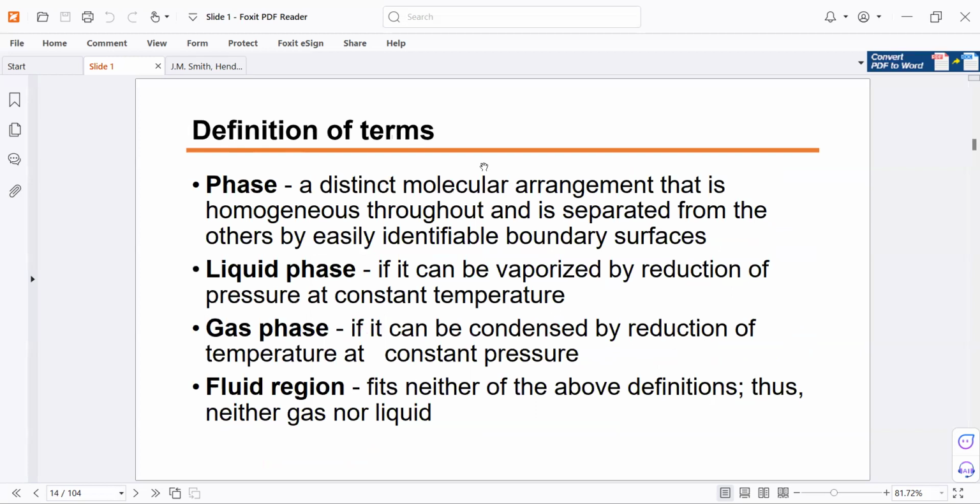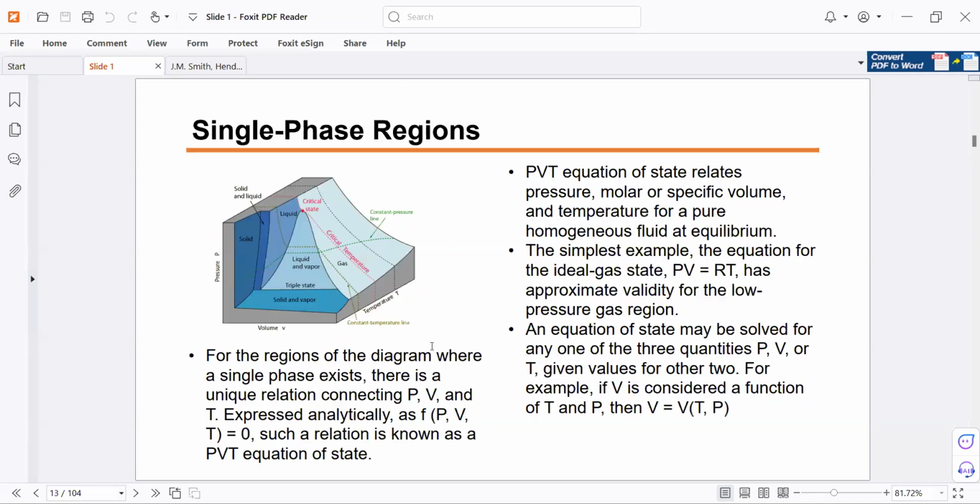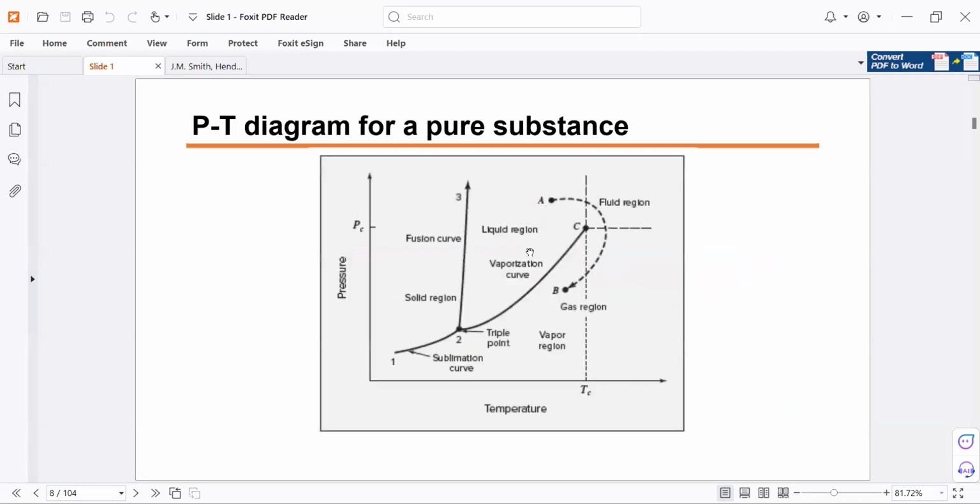For example, we can represent V as a function of the temperature and pressure. So let's define the terms. I've been throwing around a lot of terms before this slide, but now this is the technical definition of these terms. A phase is a distinct molecular arrangement that is homogeneous throughout, separated from the others by an easily identifiable boundary. We have a liquid phase if it can be vaporized by reduction of pressure at constant temperature, just like I demonstrated.